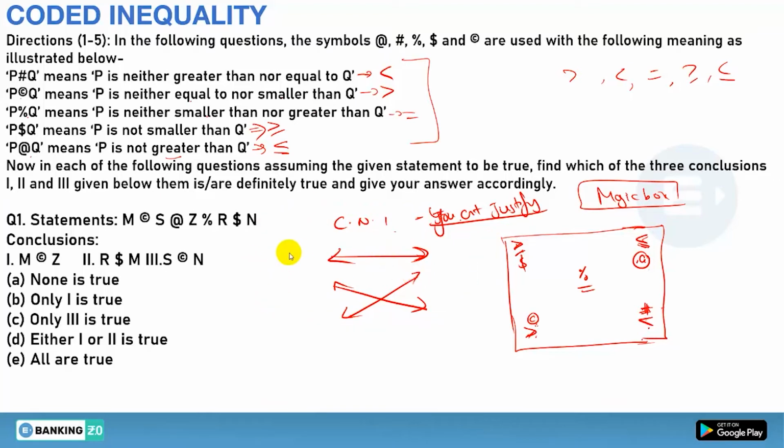Done. Now when will the conclusion be concluded? First, between greater equal and greater, you can justify the relationship, meaning between dollar and copyright you can justify the relationship. Between less equal and less, you have less, so between at the rate and hash you will have hash.